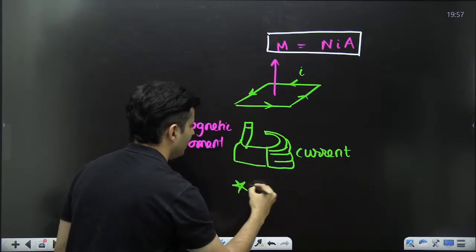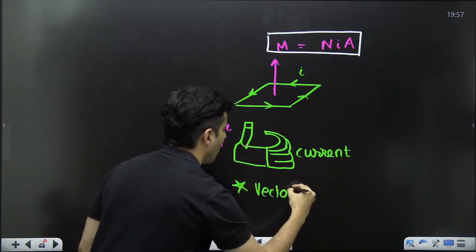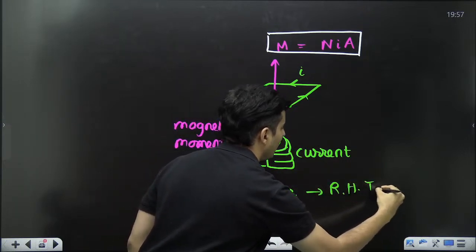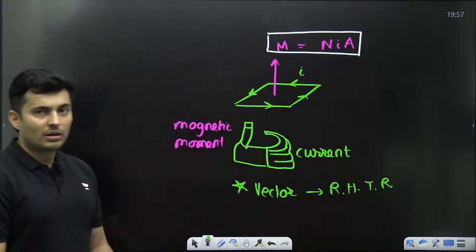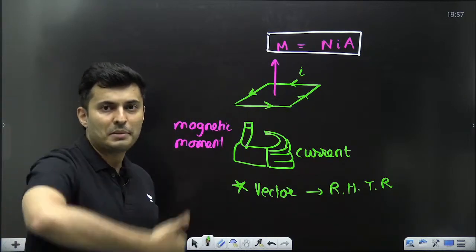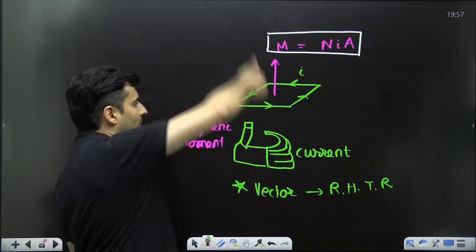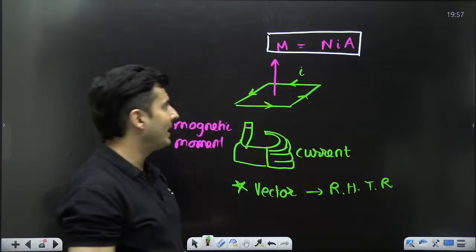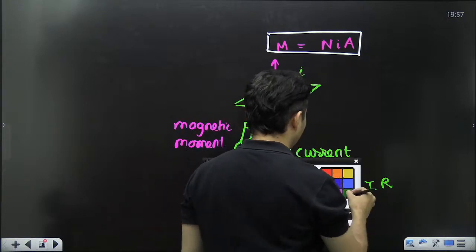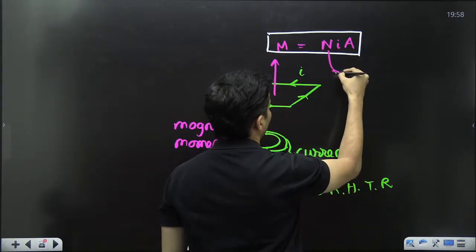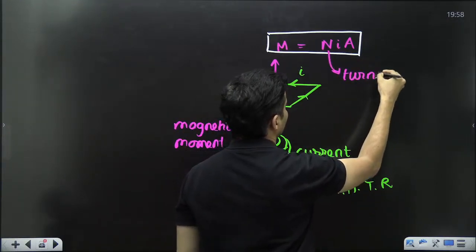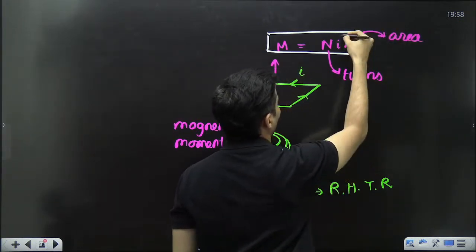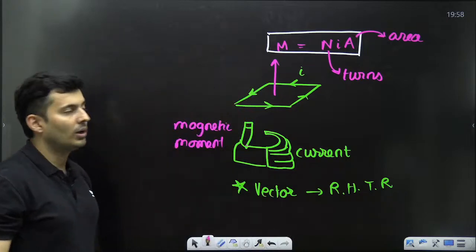Its direction is given by the right hand thumb rule. Curl your fingers in the direction of current. The magnetic moment points perpendicular to the plane of that loop, and it is the number of turns into current into area. Remember, this N stands for the number of turns, this stands for the area, and obviously I is the current, no doubt about it.